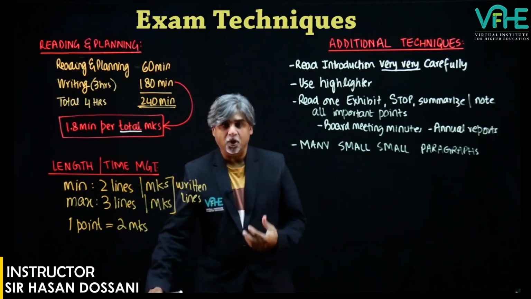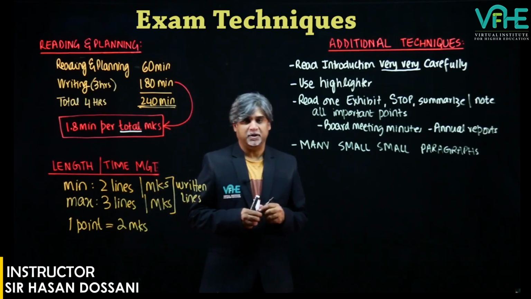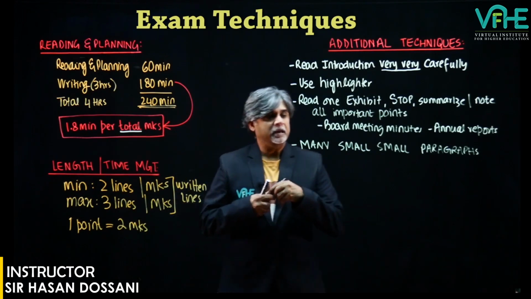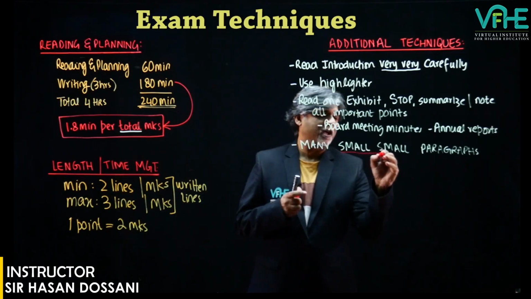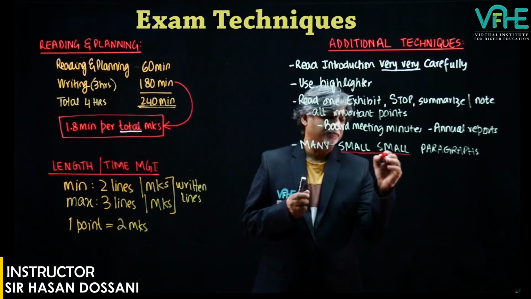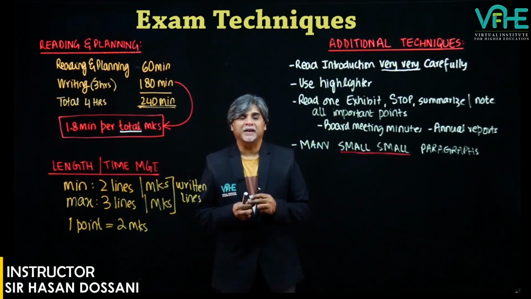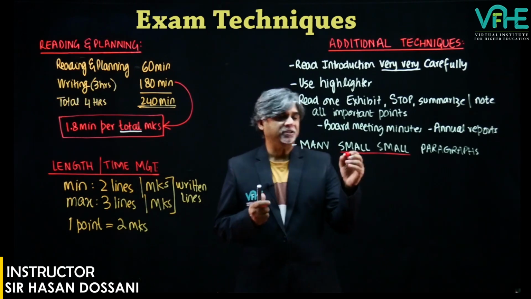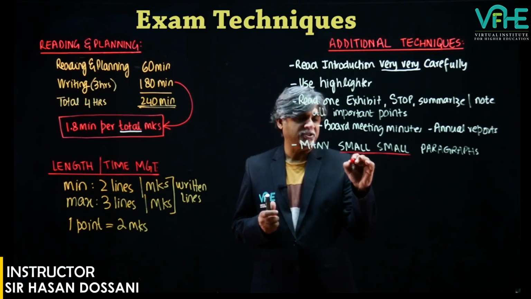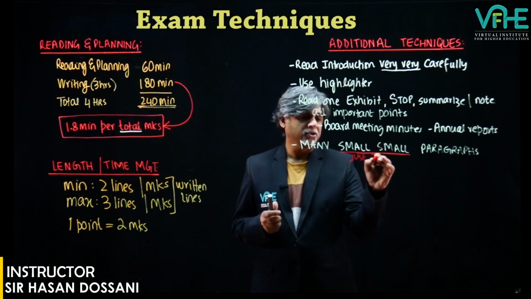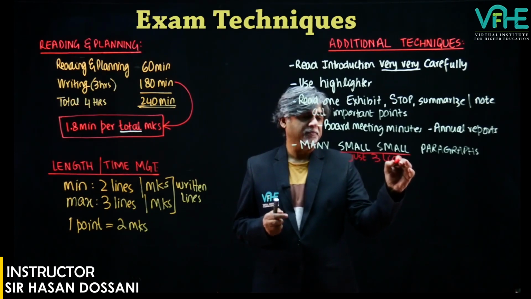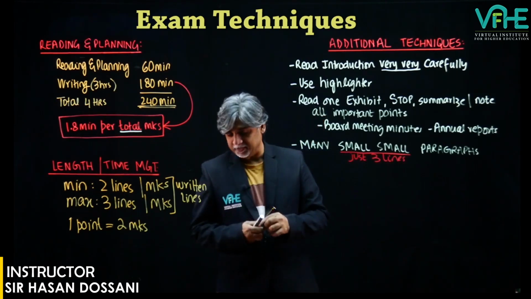Many small paragraphs. Okay, so they, small paragraphs. What do you mean by small? Okay, so as per the examiner, he expects each paragraph to be just 3 lines. This is as per the examiner's comment.